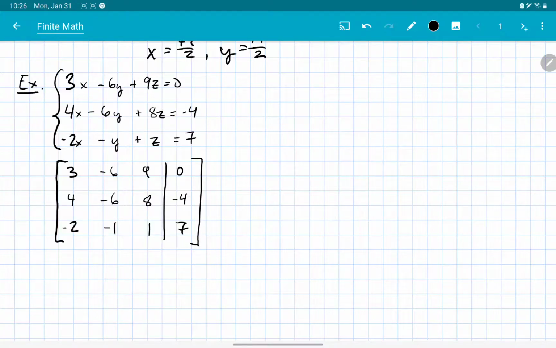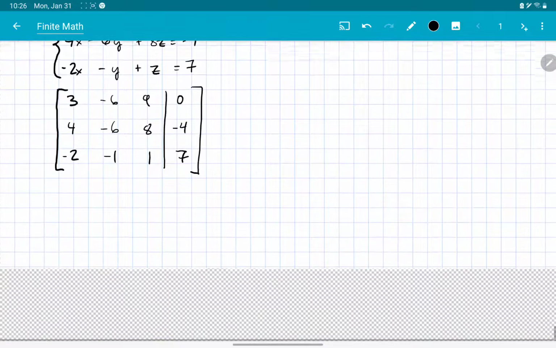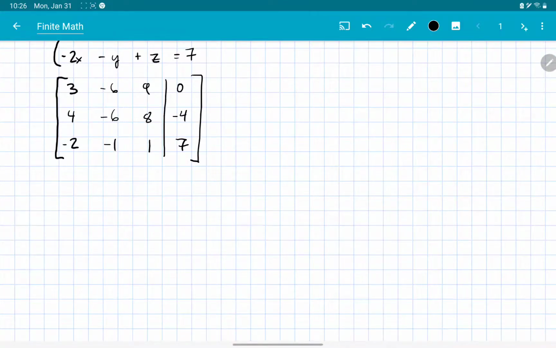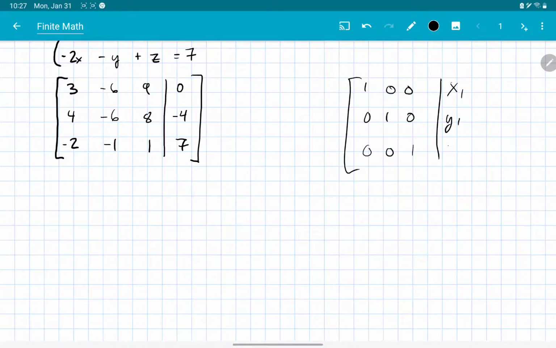And now we need to take these steps to get down to what we want in the end: 1, 0, 0, a number, 0, 1, 0, another number, 0, 0, 1, another number. That's the goal that we want to get to, and we can see we're quite far from that goal at this point, right? Quite far.